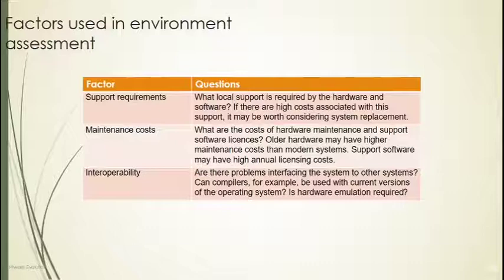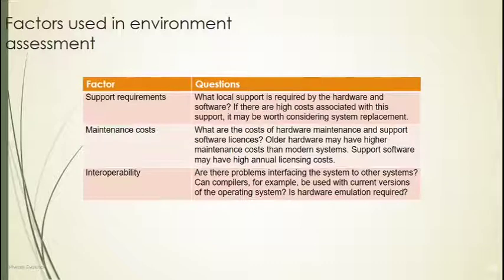When you purchase antivirus, you have to renew it at regular intervals of years, so the cost is high. Most organizations switch to Linux, where antivirus is not required at all. So the maintenance cost also has to be taken care of in the legacy system.